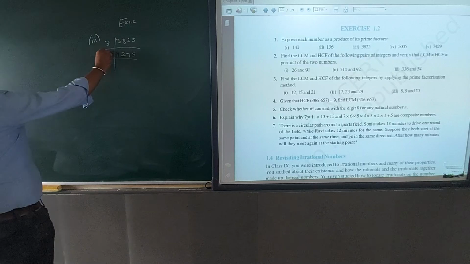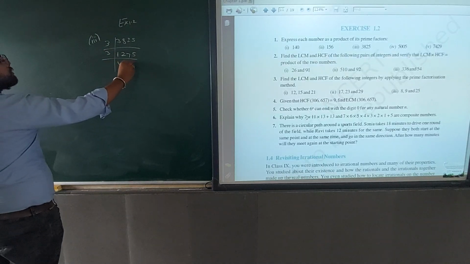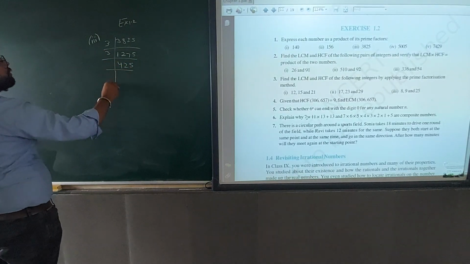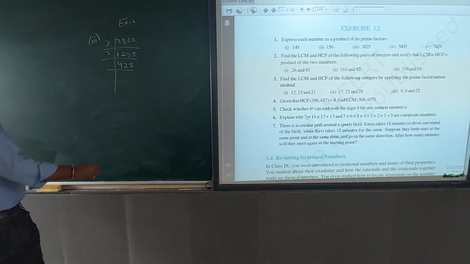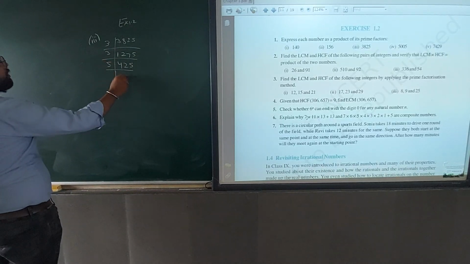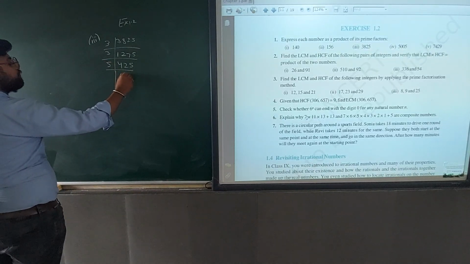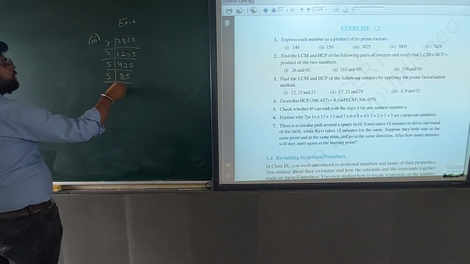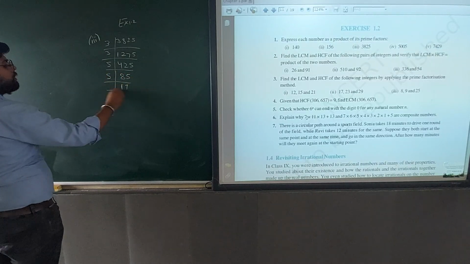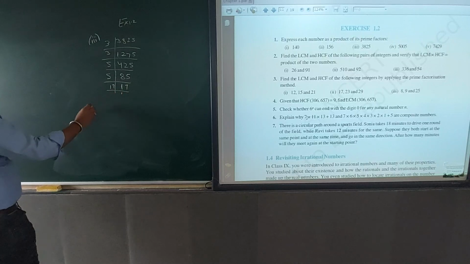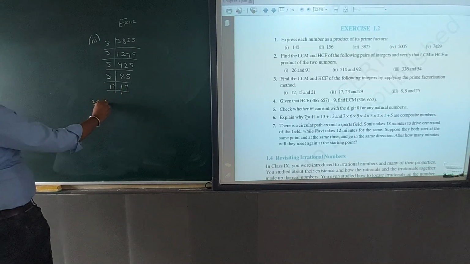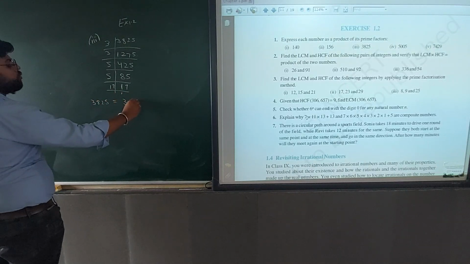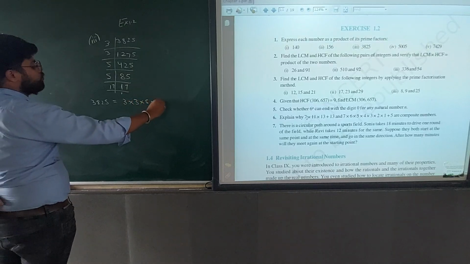Again 3. 3 4s are 12, 3 2s are 6, 3 5s are 15. Now we have to go with the 5. 5 8s are 40, 5 5s are 25, 5 1s are 5, and the last one will be 17. So what are the factors of 3825? 3 into 3 into 5 into 5 into 17.